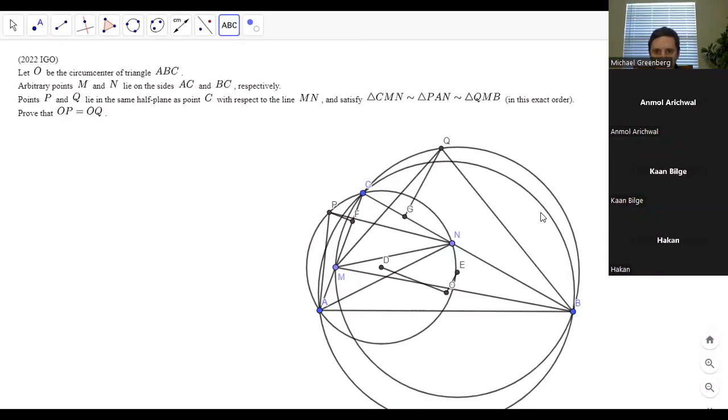So CM over CN and then sine A and MB. Okay. And okay, so this is MN over AB.